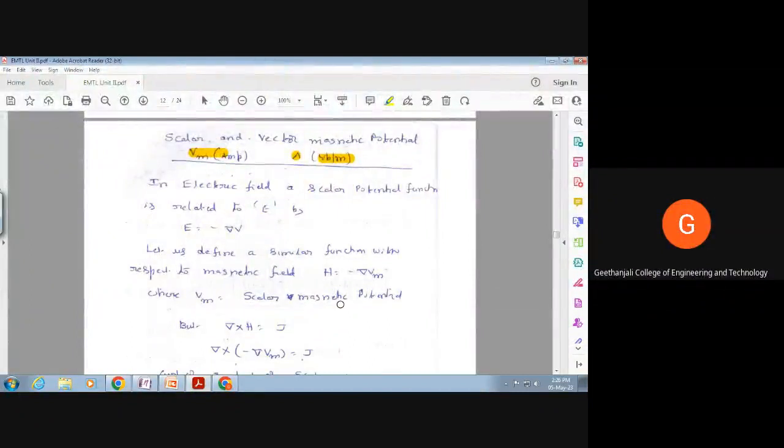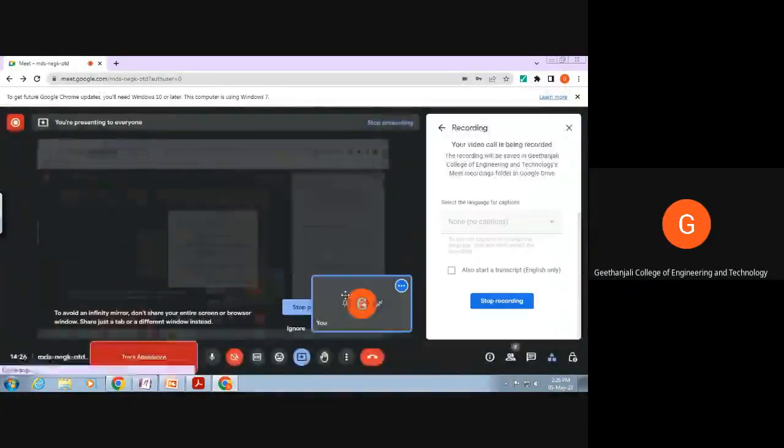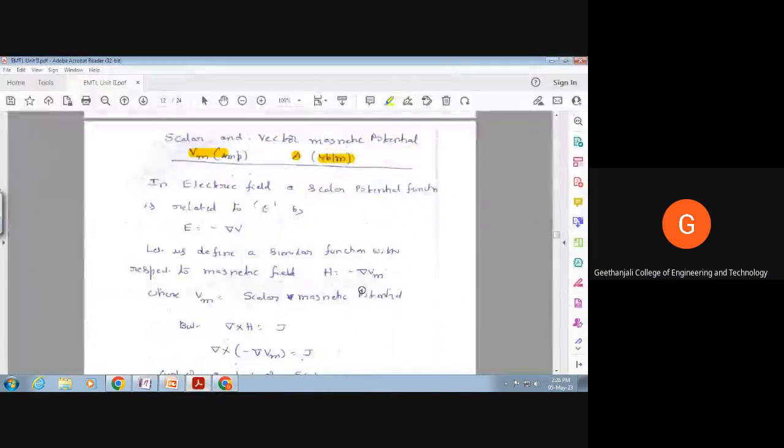So now, having seen a number of similarities between the electric and magnetic fields, can we not define a similar function in the case of a magnetic field? When we have E is equal to minus grad V, naturally we will be tempted to define a similar quantity in the case of magnetic field. Let the scalar magnetic potential be Vm. Then how to define this Vm?